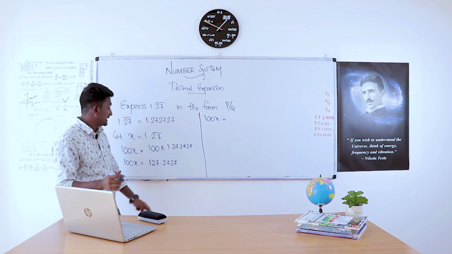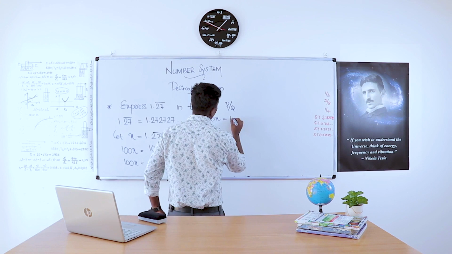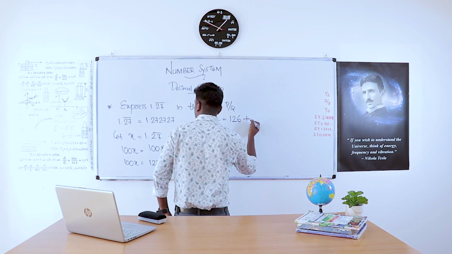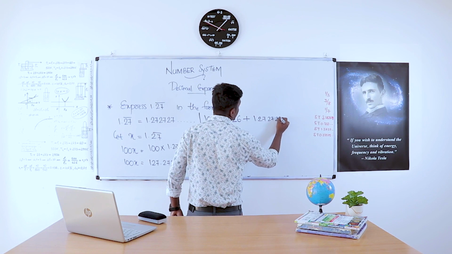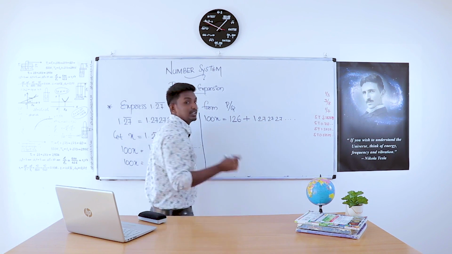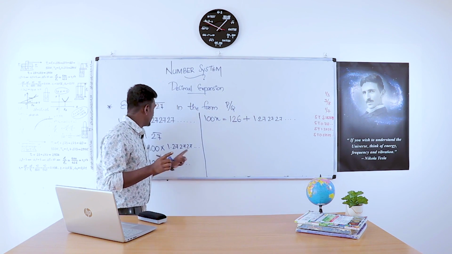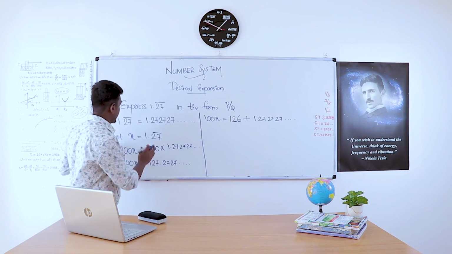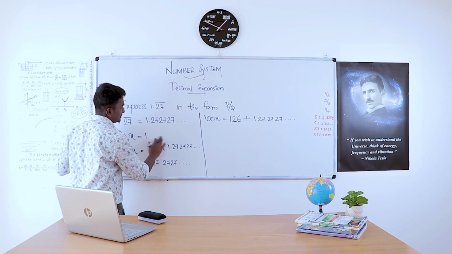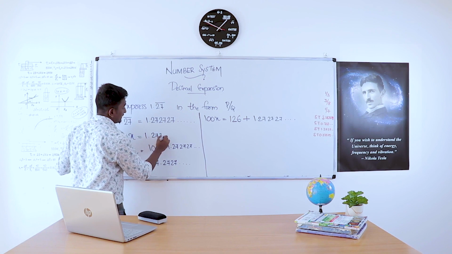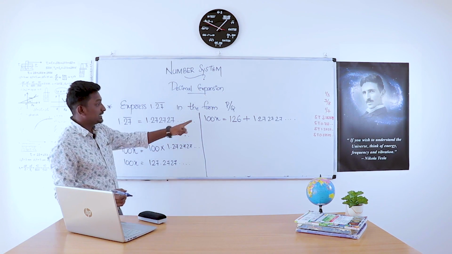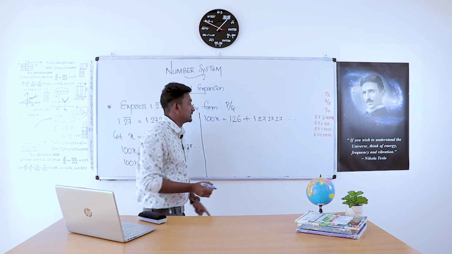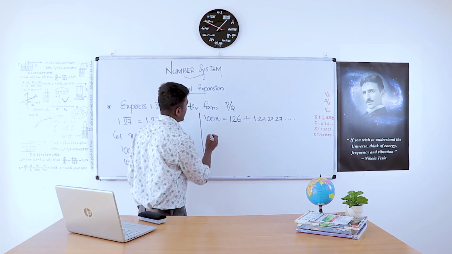Then we can write 100x is equal to, now what I am going to do is split 127.2727 as 126 plus 1.272727, etc. Now you know that x is equal to 1.27 bar, that is 1.272727, etc. Thus 1.272727 can be written as x.